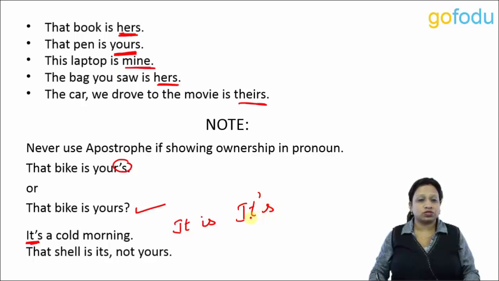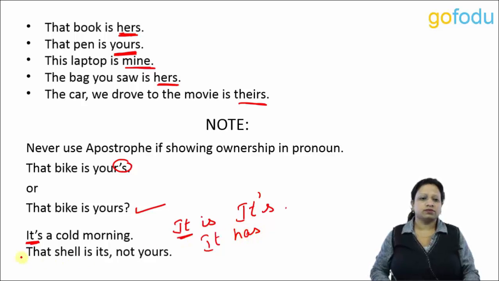Please do not confuse it with possessive pronouns. It's not a pronoun or possessive pronoun over here. Here the pronoun would be it, a personal pronoun. It would not be a possession, because possession in pronouns does not use an apostrophe. Apostrophe s can occur in it's, which might mean it is, or it might mean it has.